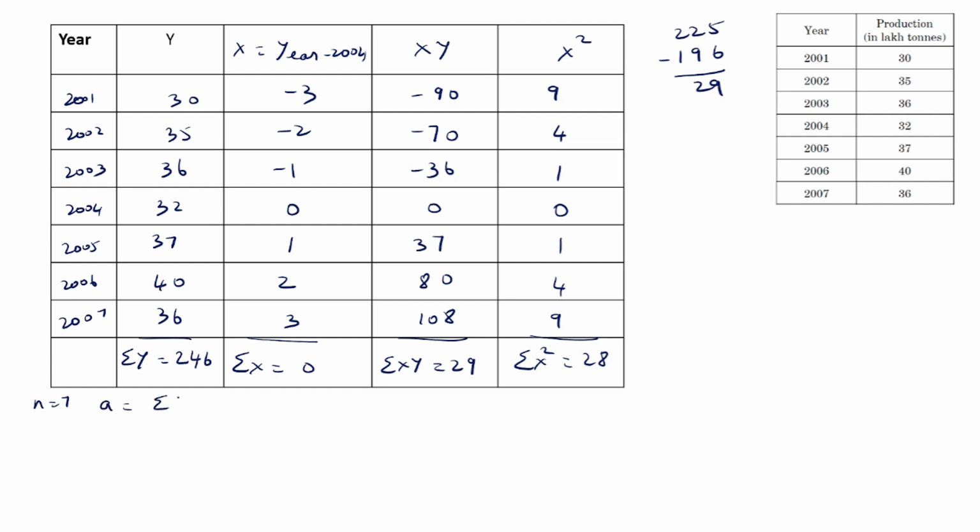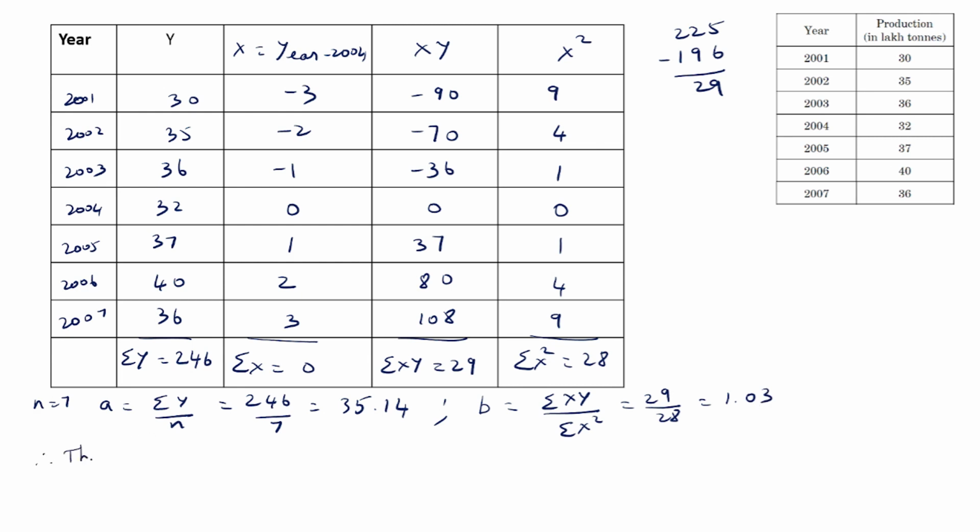a equal to summation y by n. So it is 246 by 7. This is approximately 35.14. Then b equal to summation xy upon summation x square. So it is 29 by 28, which is 1.03.